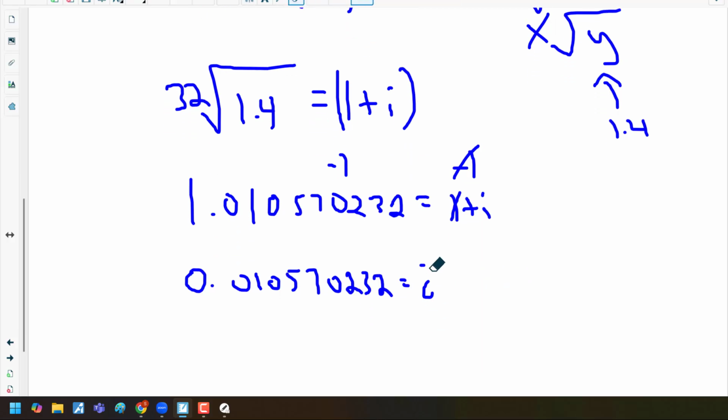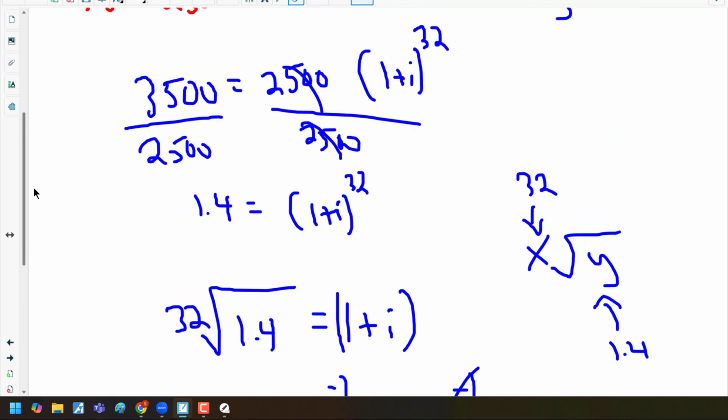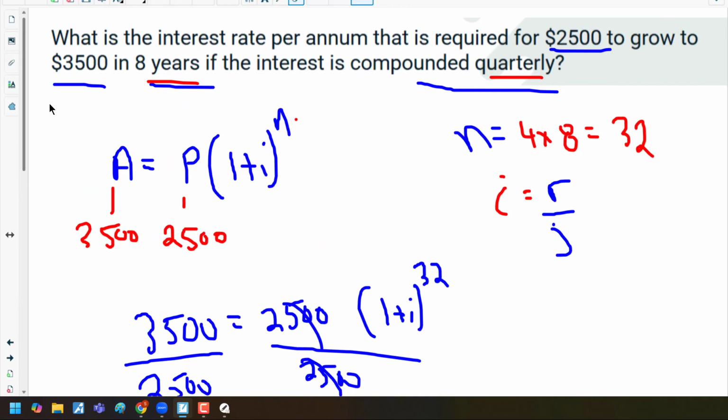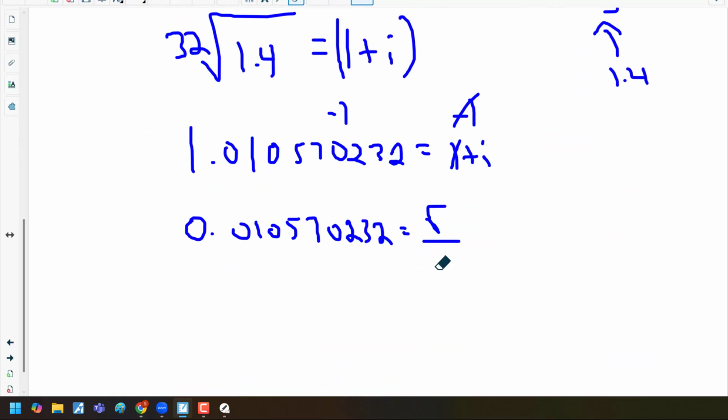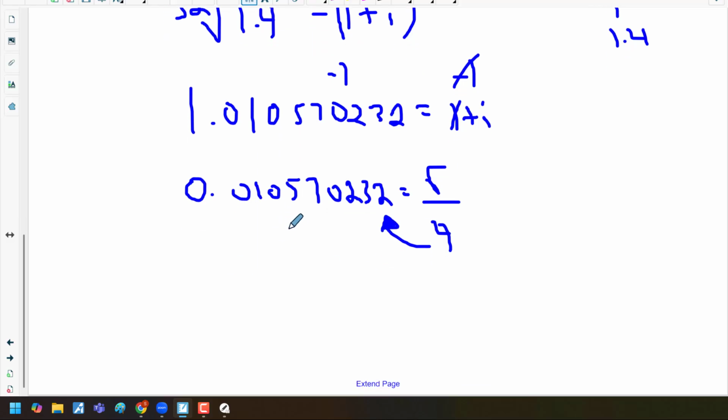So the interest rate is over j, and in this case it's compounded quarterly, which is 4. So the final step that you just have to remember to do is to multiply it by that compounding frequency. So this decimal that we got, just times it by 4.